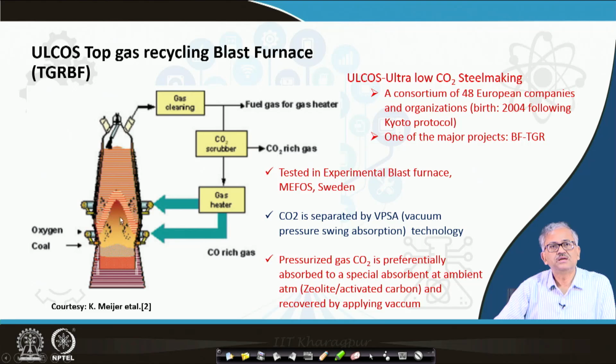So this is the fundamental aspect of this top gas recycling system. And here, instead, oxygen is given along with coal, and one question can come: if you give oxygen, then obviously the blast volume will decrease significantly, and the raceway flame temperature will be high.